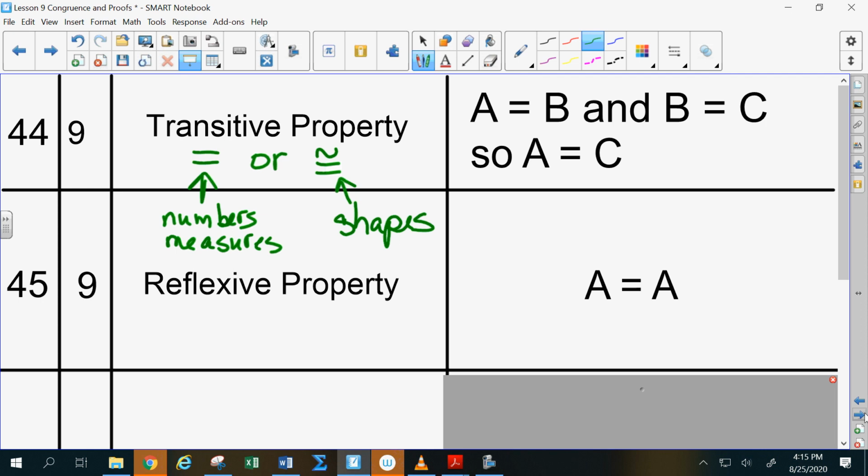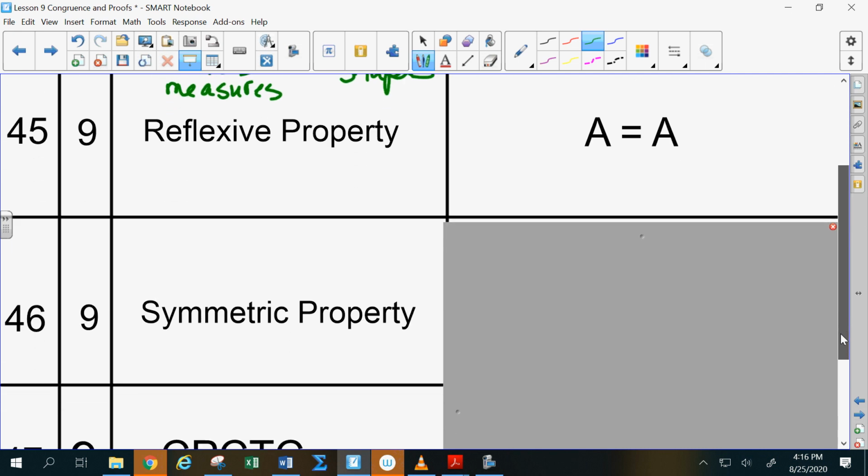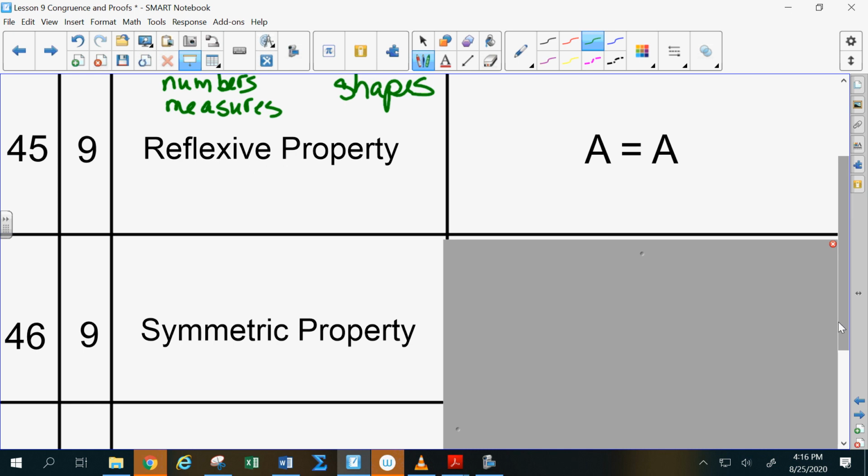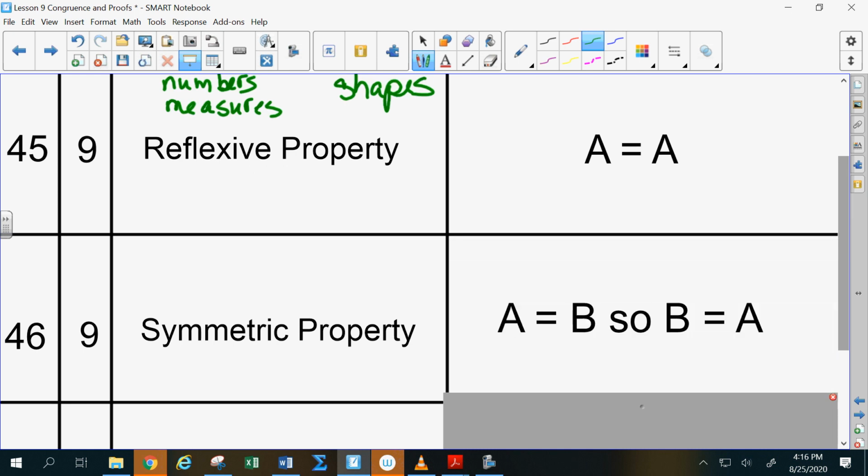So we did a lot that the hypotenuse was congruent to itself when two different triangles shared the same hypotenuse. Symmetric property just means we can turn it either way. A equals B, B equals A, does not really matter which one comes first. Those are equivalent.